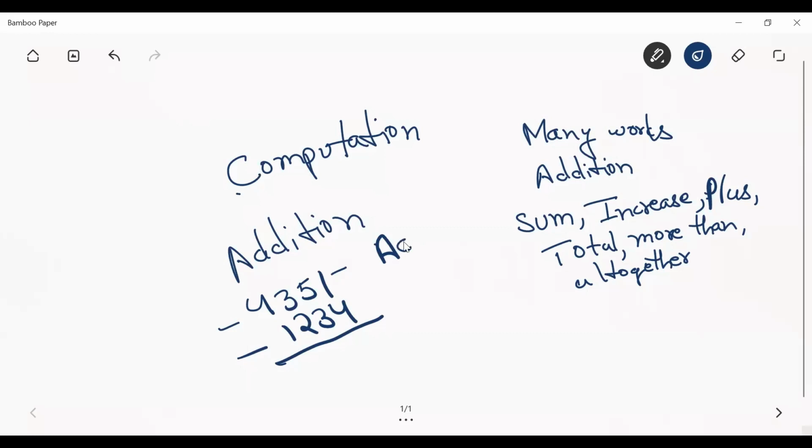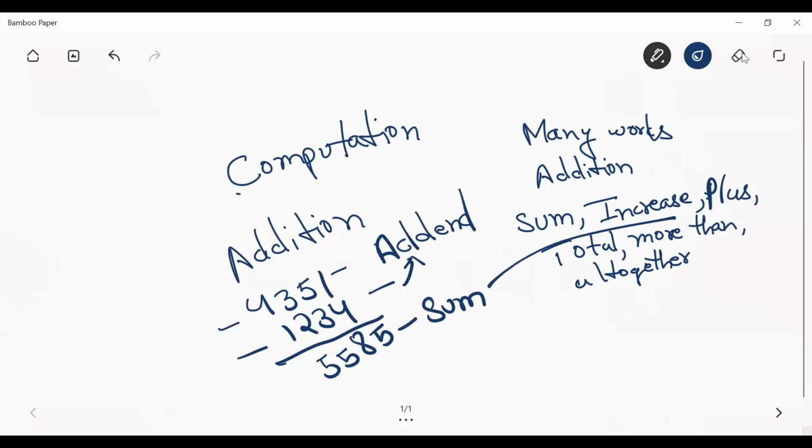Tell me the spelling. A-D-D-E-N-D-S. These both are called addends. And what will you get over here? 5585. This is the sum.